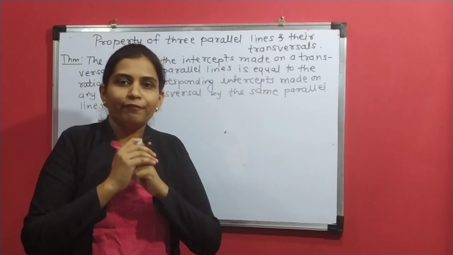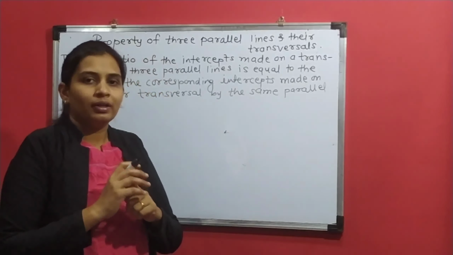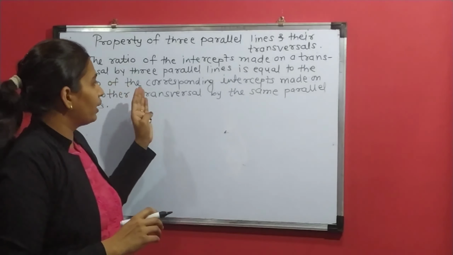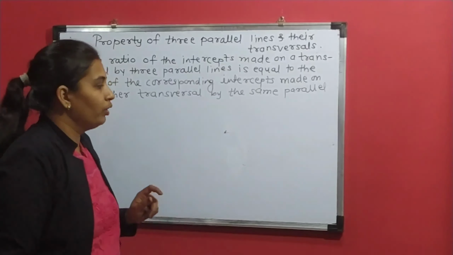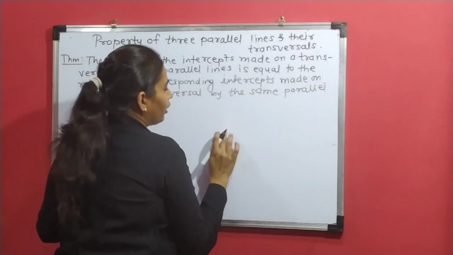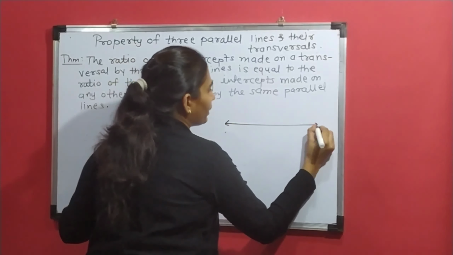First of all, we have to remember that we have to prove that intercepts are in proportion. So, we must draw a figure according to the information.